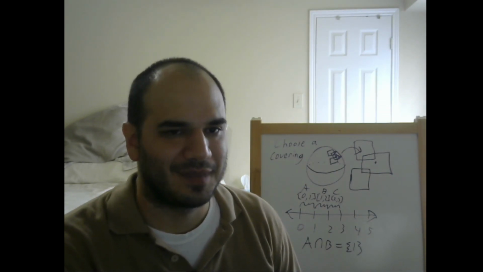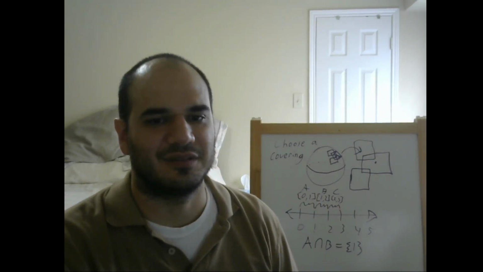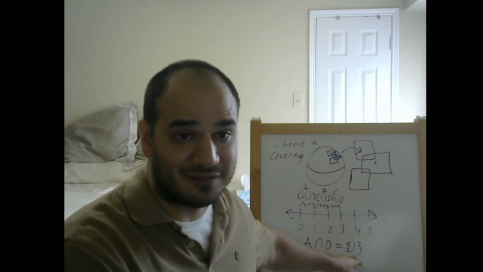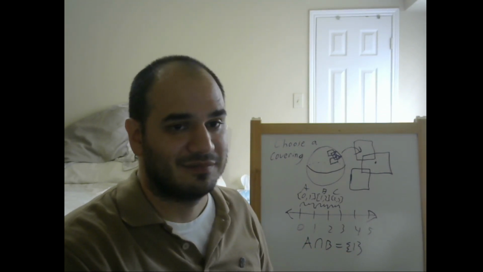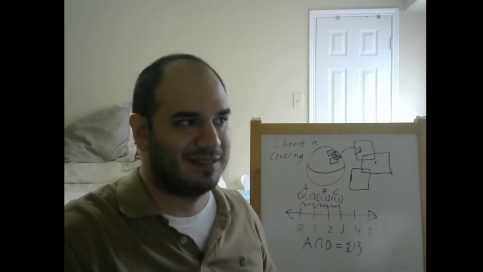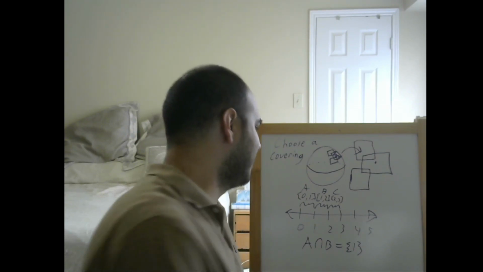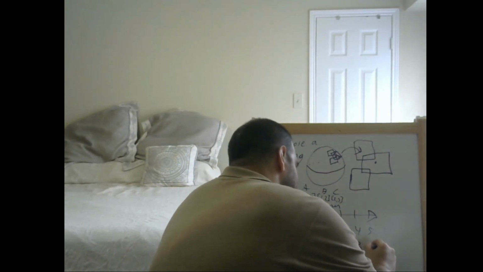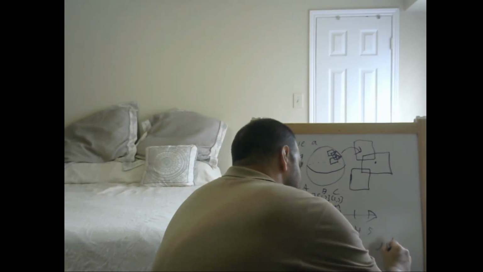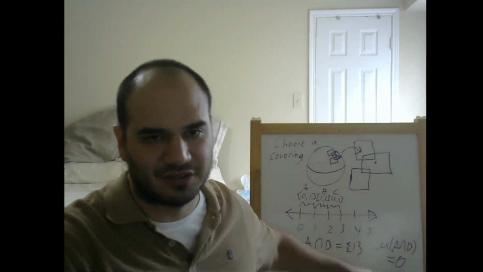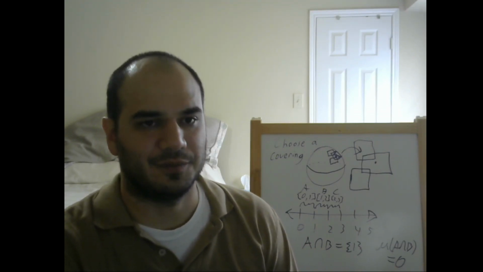It's the area function, right? But if we were to measure the span of this set, how much room the set is actually taking up, then we would see that the measure of this intersection, the measure of just a single point, is 0.